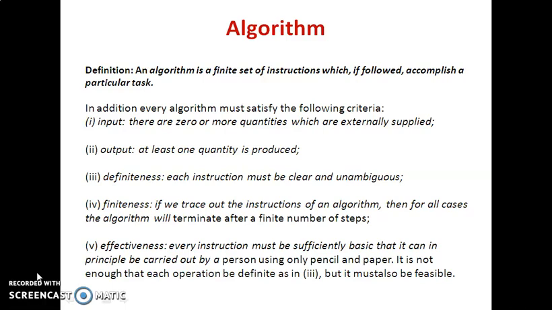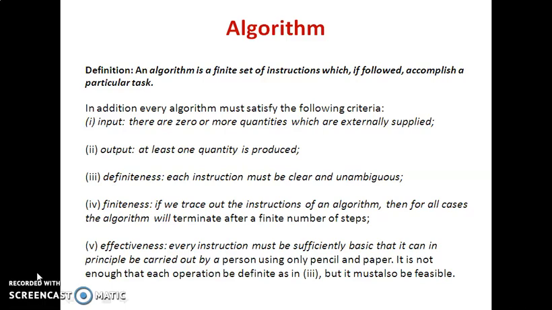Yes, you understand? Right. The first criterion is input. There are 0 or more quantities which are externally supplied. Suppose you have an algorithm, you must supply an input. That input is 0 or more quantities of values, suppose 1, 2, 3, numeric or character.